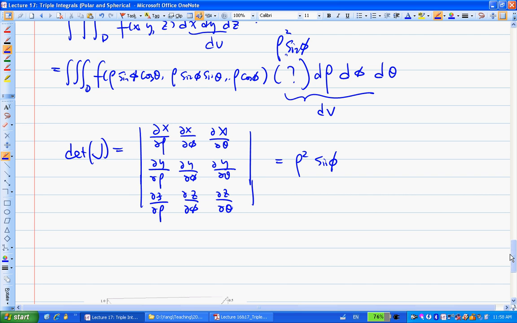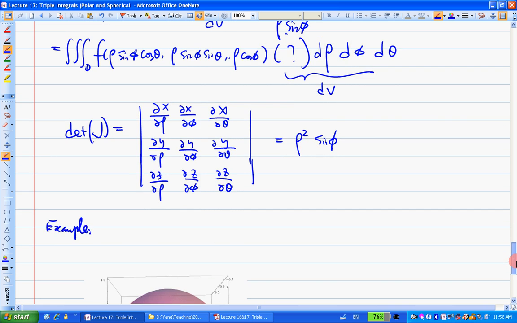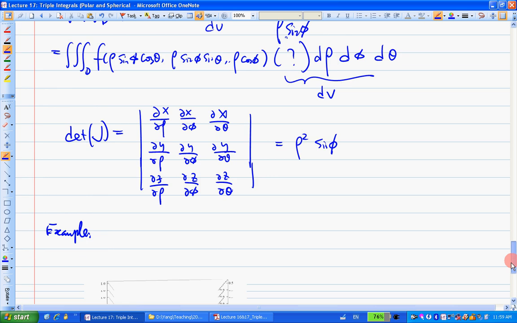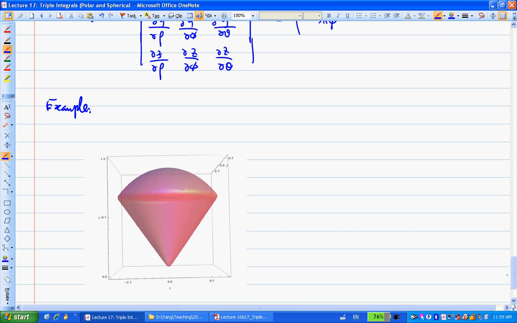Now let's talk about evaluating a triple integral in spherical coordinates. We're going to talk about that through an example. So here's an example. It's an ice cream cone again, but there's a topping there.